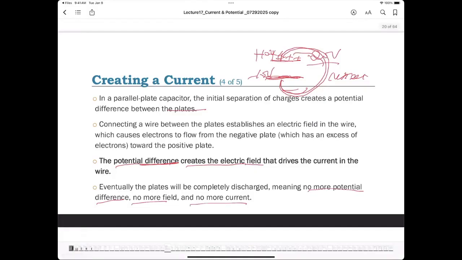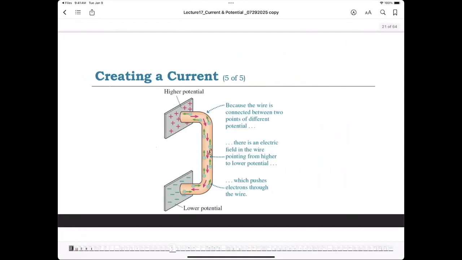This process we call capacitor discharging. This is the process of how to use the capacitor to generate current. You can see this is a higher potential and this is a lower potential.